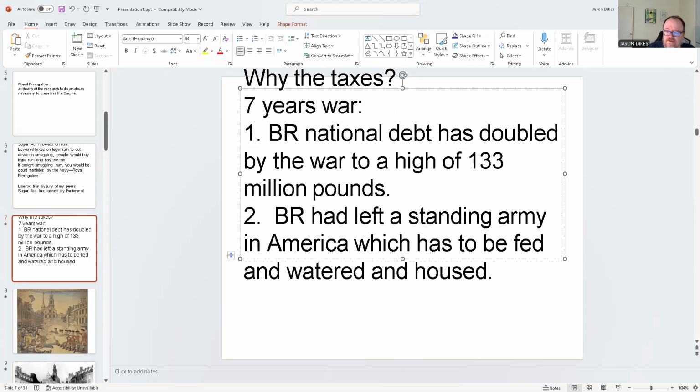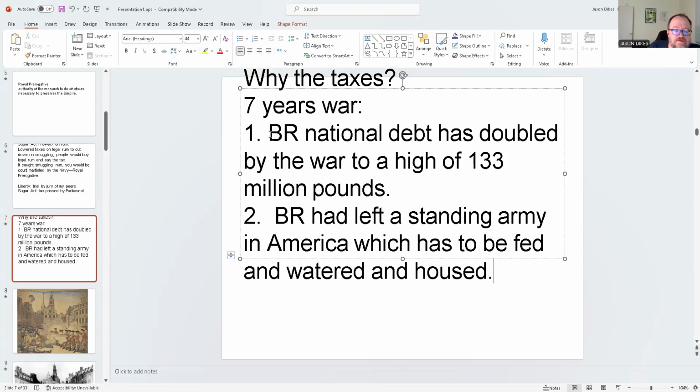Britain has left a standing army in America, and that army has to be fed and watered and housed. So it seems fair and reasonable to both George III and to Parliament that the Americans should pony up some cash.